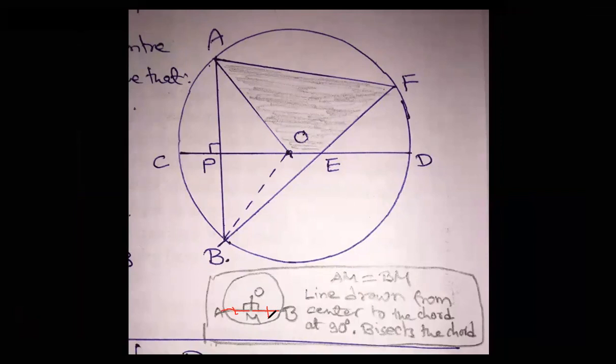That means AM and BM will be equal. So a line drawn from the center to the chord at 90 degrees bisects the chord. Okay, so AM and BM are going to be equal. So you can see a triangle over here.